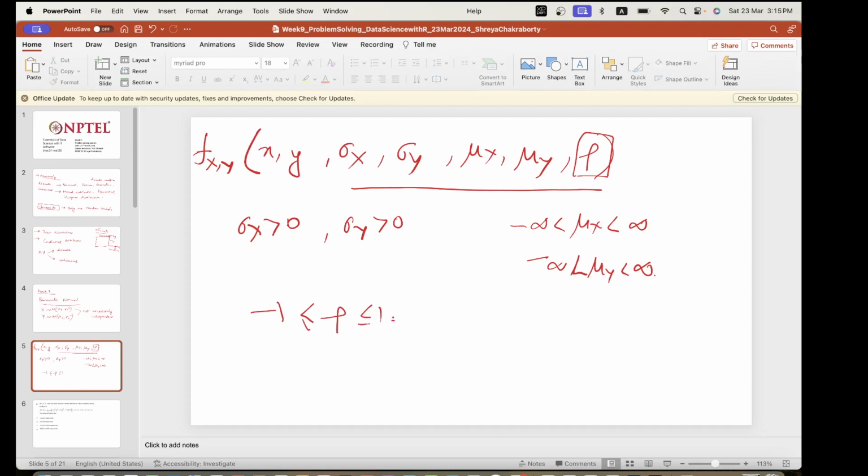These are the bounds and these are the parameters of the bivariate normal distribution.